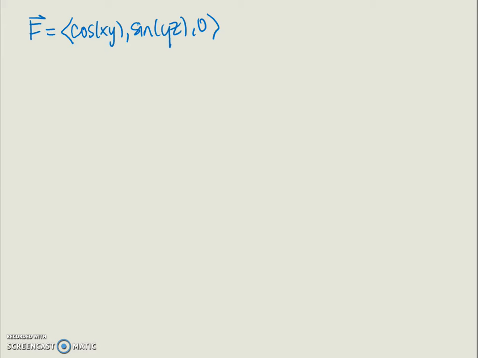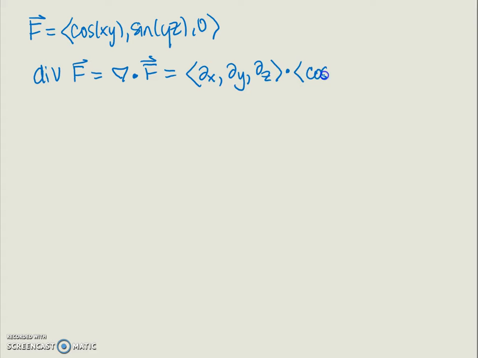So let's go ahead and take a look at the divergence of F. So here's the vector field F that we were given, and we want to find the divergence. So we're going to do divergence of F, which is gradient operator dot product with F, which means we have the partial with respect to x, partial with respect to y, and partial with respect to z, dot product with cosine xy, sine yz, and 0.